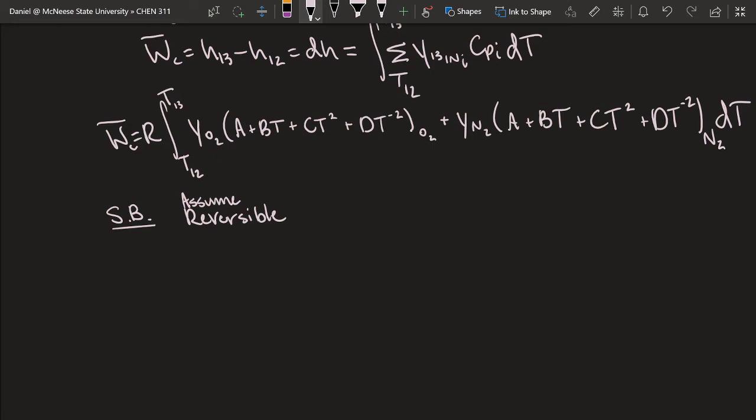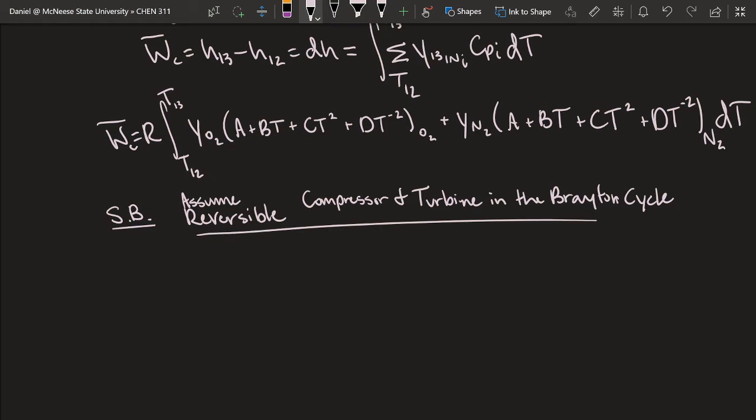So for both the compressor and the turbine in the Brayton cycle, we're going to assume it's reversible. All right.